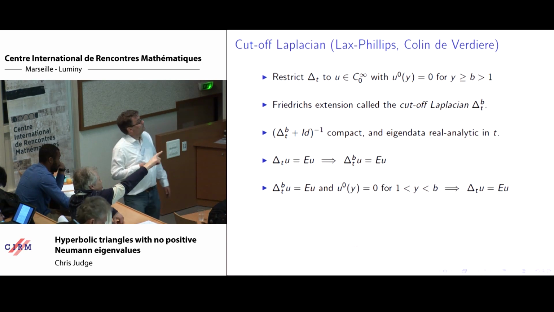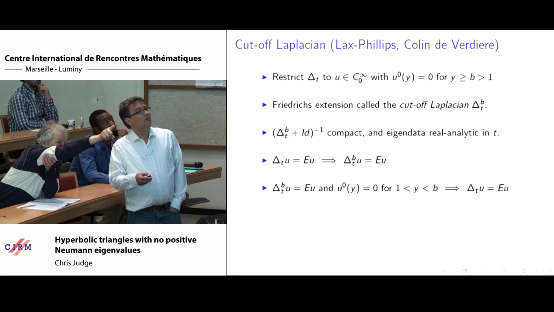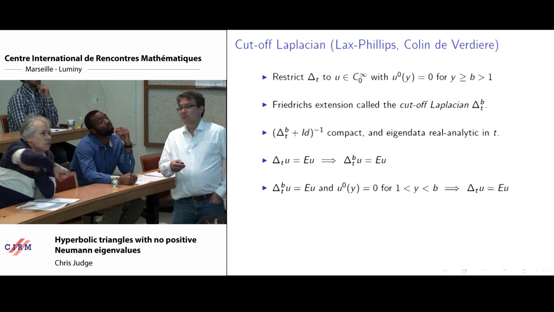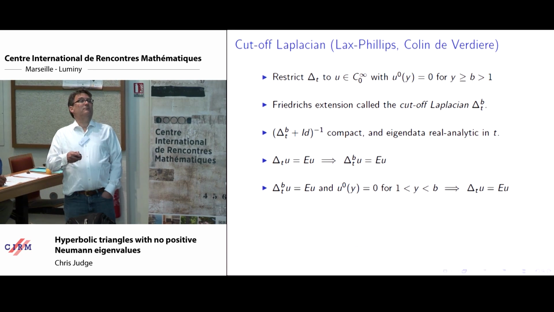Yeah, the penultimate one here, I don't understand this. Which one? The grad squared u equals Eu implies the cutoff one. Why does it imply the cutoff one? Because this is a smaller domain. All I did was restrict, so if it solves the equation here, well, I see what you're saying.